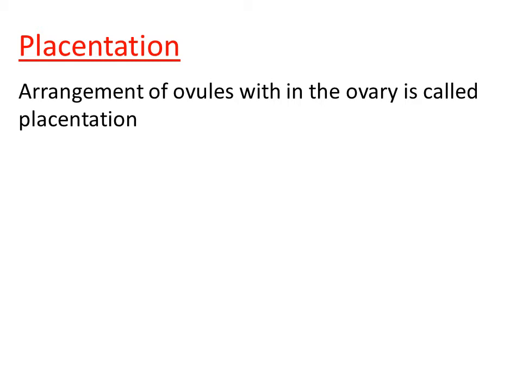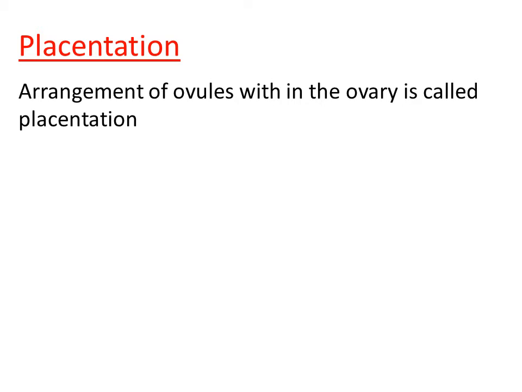So in some of the flowers, the placenta position in the ovary is exactly at the center. In some of the ovaries, the placenta will be present at the margin. So like this, based on the position of placenta, we can judge the arrangement of ovules, right? So the placentation is nothing but the arrangement of ovules within the ovary.